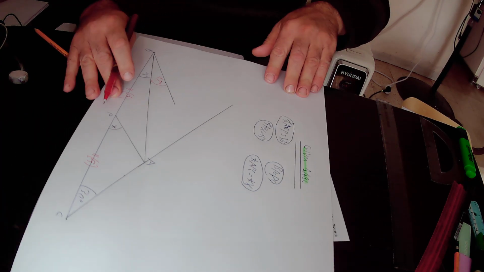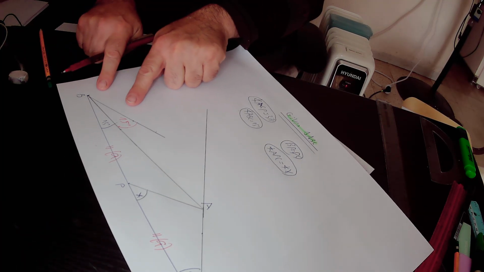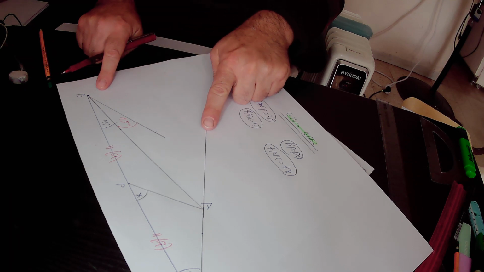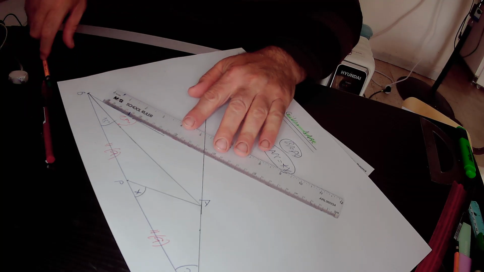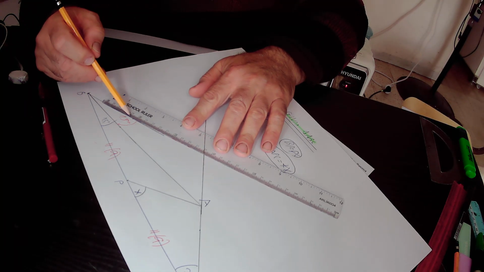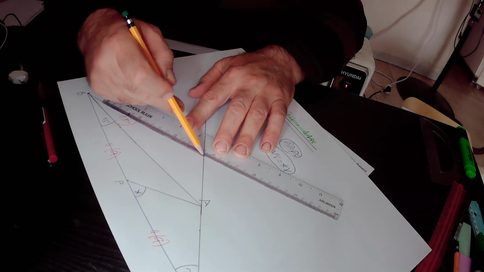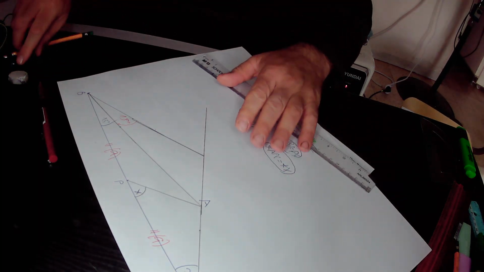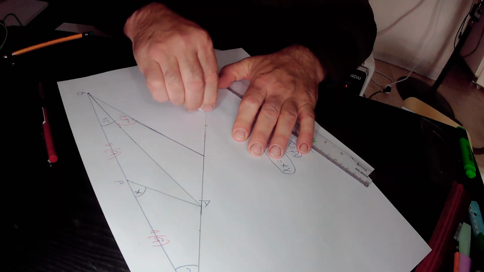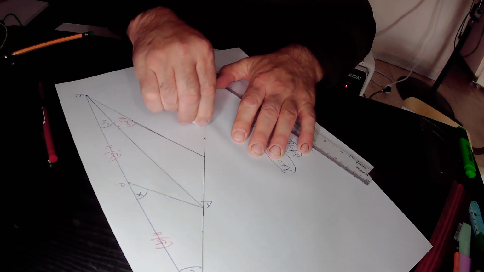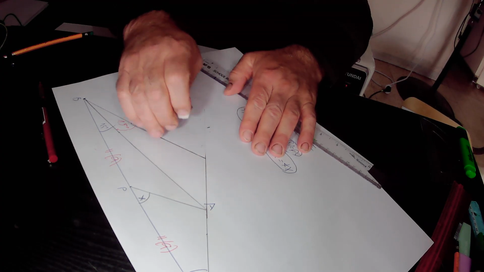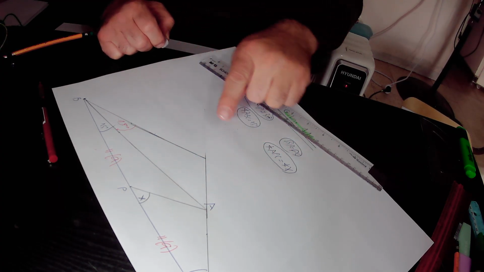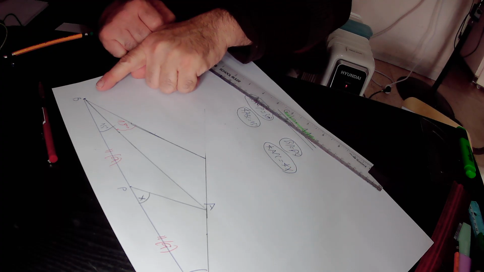In the next step, we will extend this leg until it touches the extended side CA. And we'll define the touching point of the extended side CA with this extended leg.